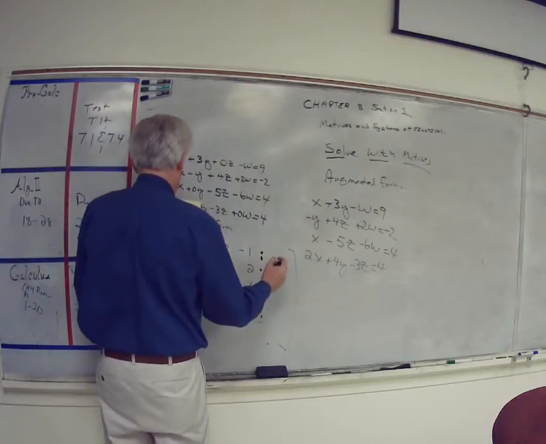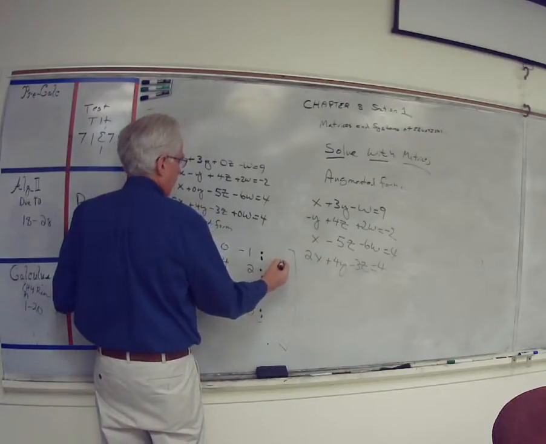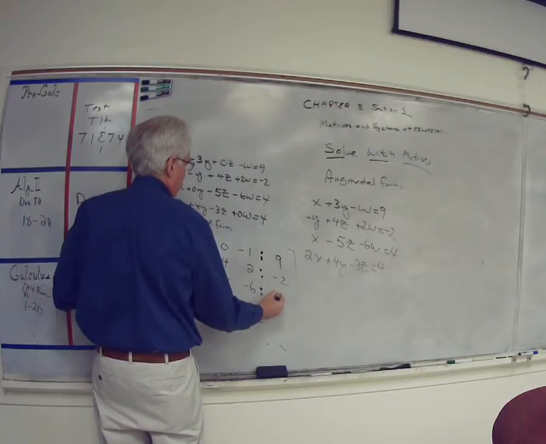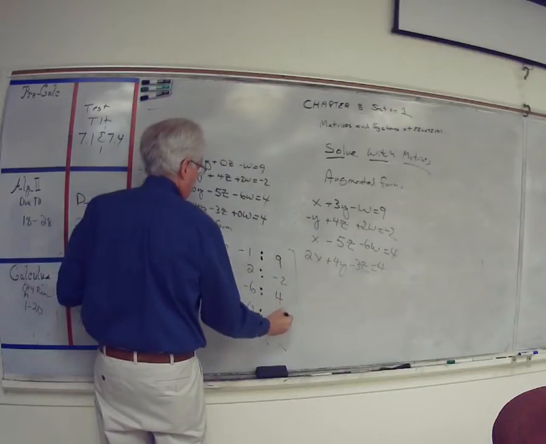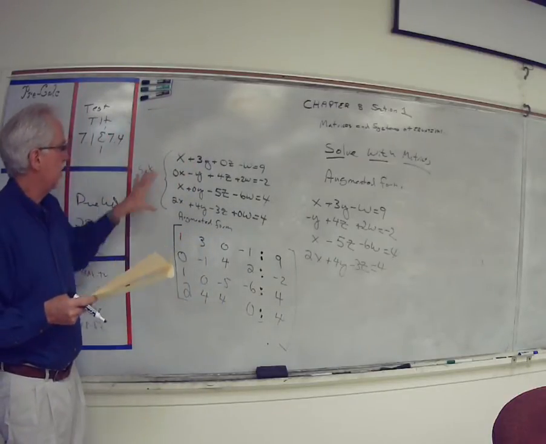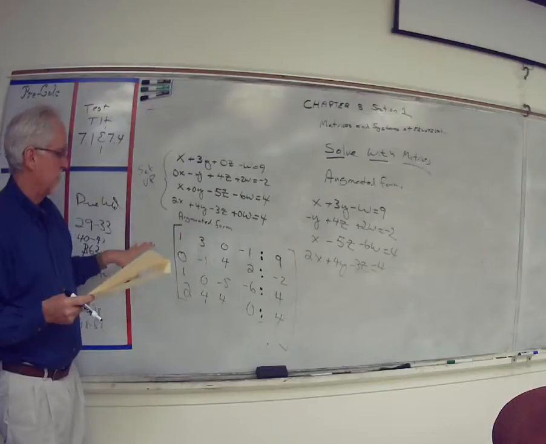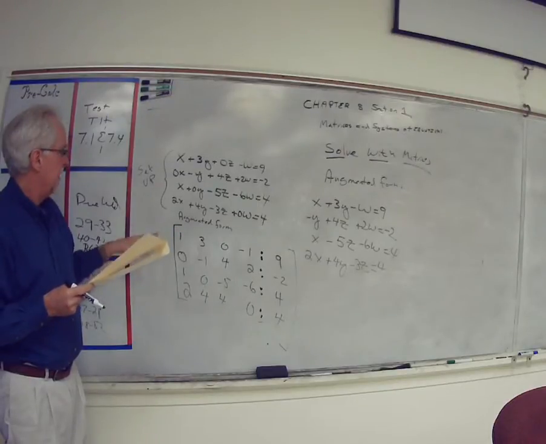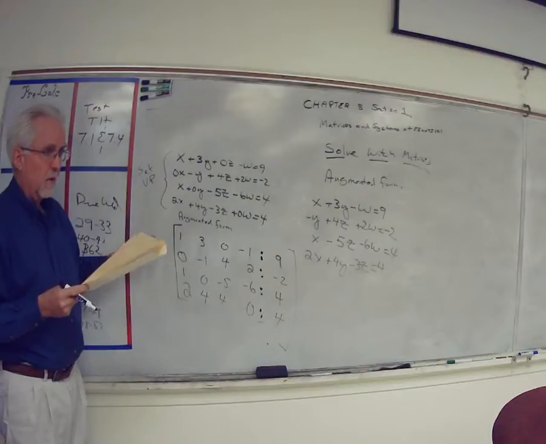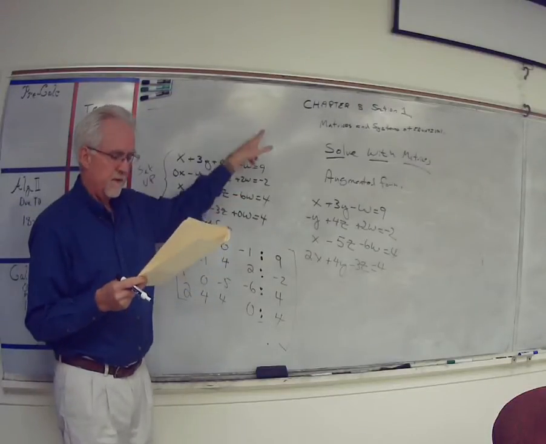So what do we put in here? 9, -2, 4, and 4. Okay, now you're in augmented form. Notice with 4 equations and 4 unknowns, we end up with a 4 by 5, right? Not a 4 by 4, 4 by 5, because we have to have a slot for these things.